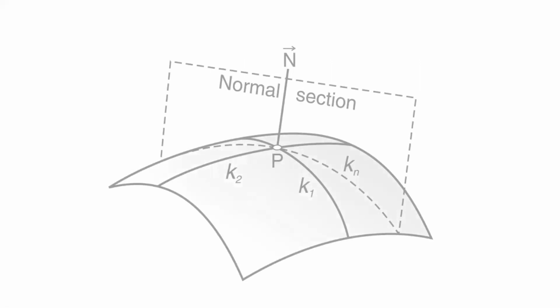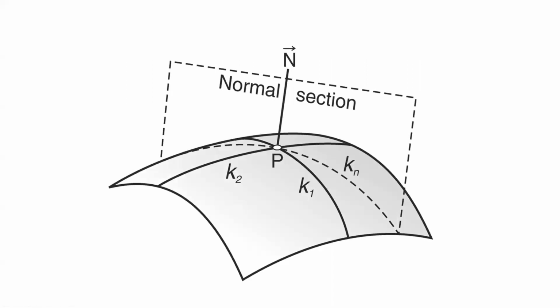So you have a surface, you have the point, and you have 2 directions in general. You can also have more, as I will show, but in general 2 orthogonal directions in which the surface bends in an extremal way. The numbers that measure this at a point are called principal curvatures.